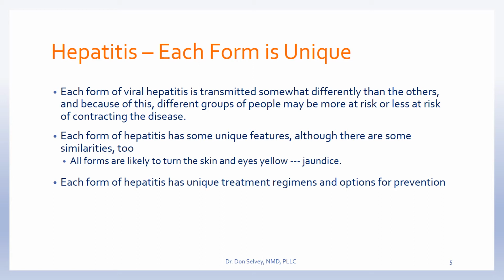So while we have some unique features here with these viruses, there is a similarity. Almost all of these are likely to turn the skin and the eyes, the whites of the eyes, yellow, jaundice or icterus in case of the eyes. These different forms of hepatitis, because of their uniqueness in transmission, have unique treatment regimens and then unique prevention regimens.